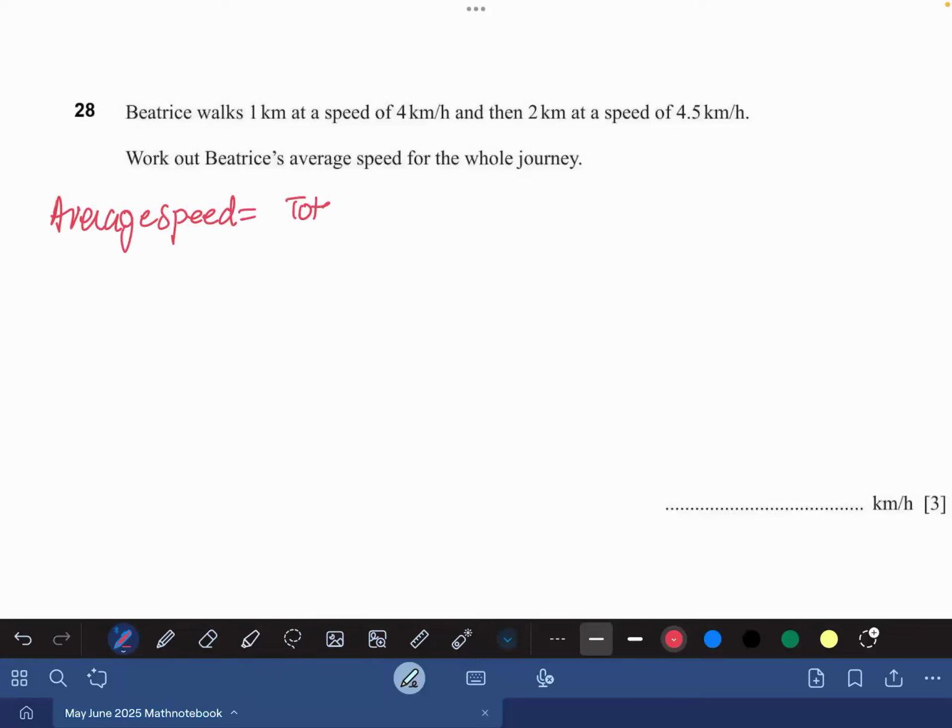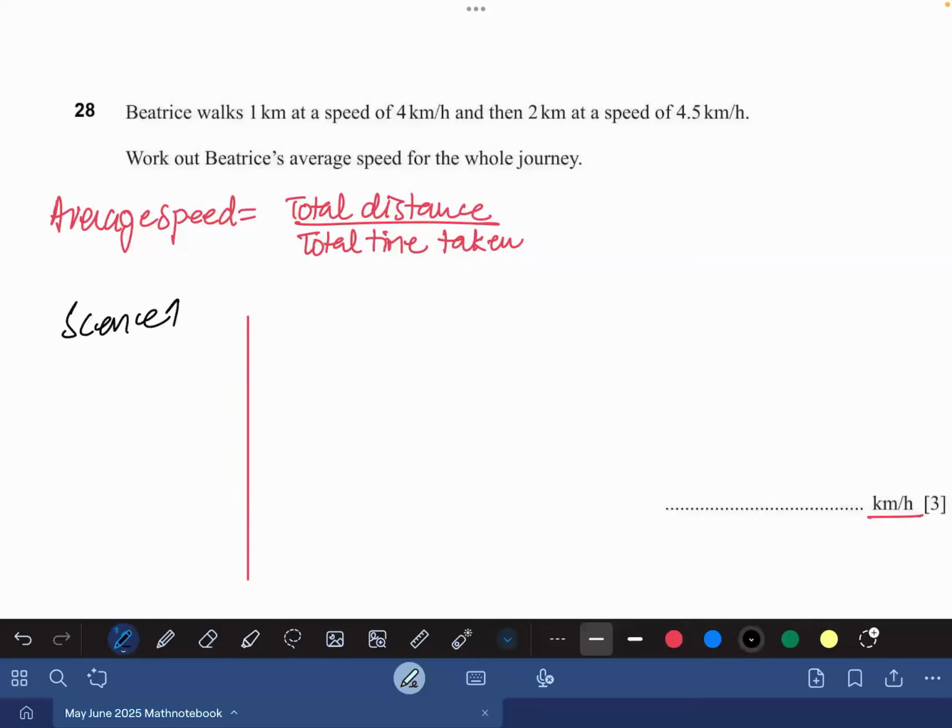Total distance divided by total time taken. Agree everybody? Now we have to give the answer in kilometer per hour. Okay, understood? So there are two pieces. Scene 1, and La Luna, scene 2.